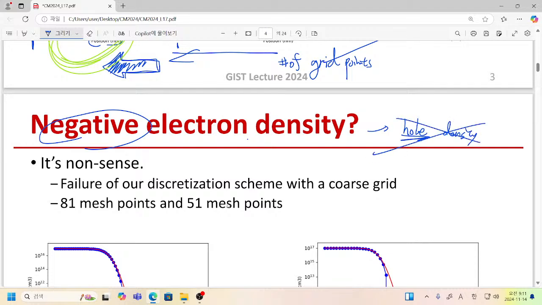Certainly it is not the case. Negative electron density is just nonsense, so you should not accept it. Once that happens, your entire simulation is destroyed, so you should not allow negative carrier density at all.